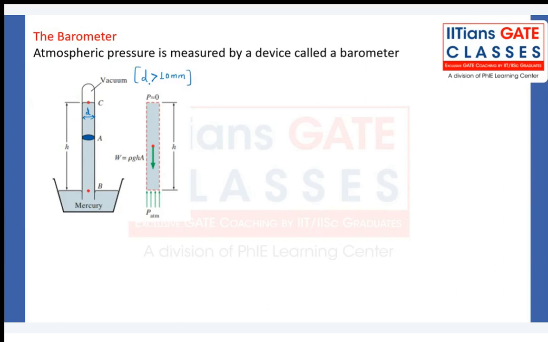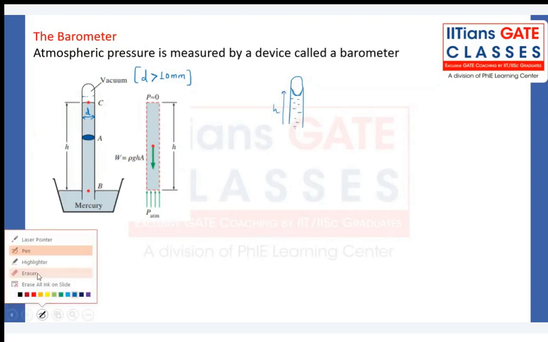In the calculation of the height, there will not be any problem. Otherwise, it will keep on fluctuating. If the diameter of the tube is very, very small, sometimes the liquid will rise like this, or maybe the liquid shape will be like this, and we may not be able to measure accurately what the height is, right? So to avoid that confusion, we keep the diameter of the tube more than 10 mm.